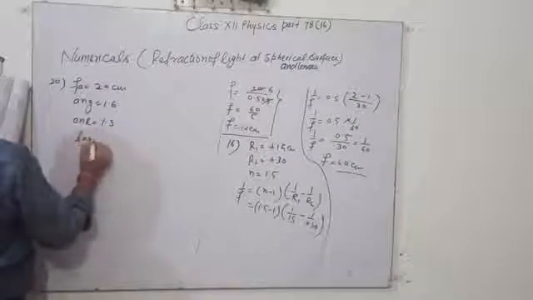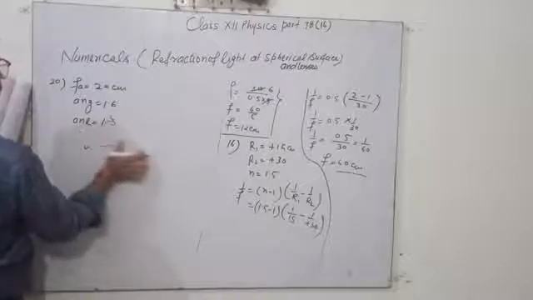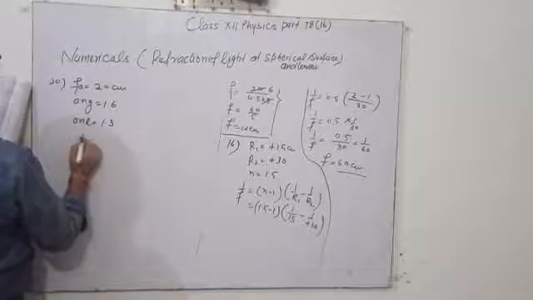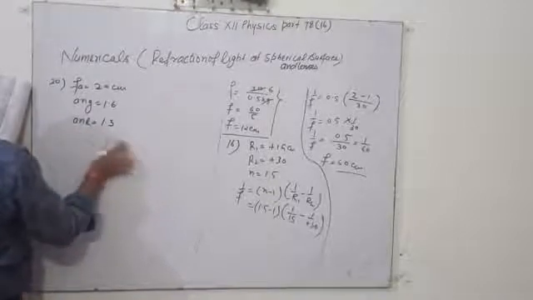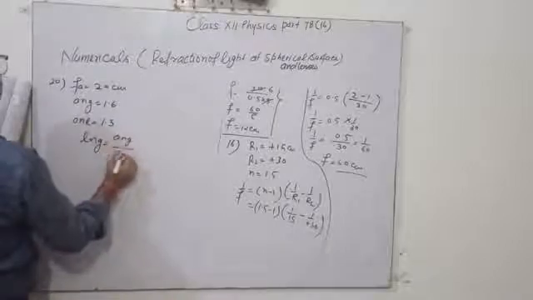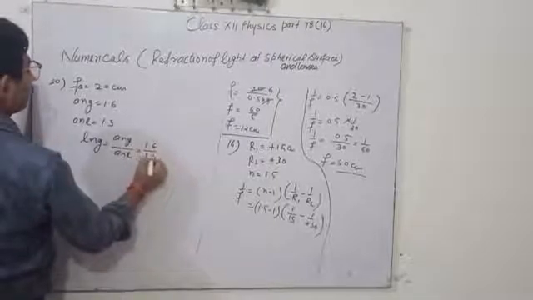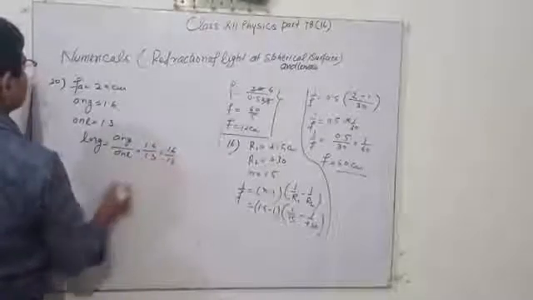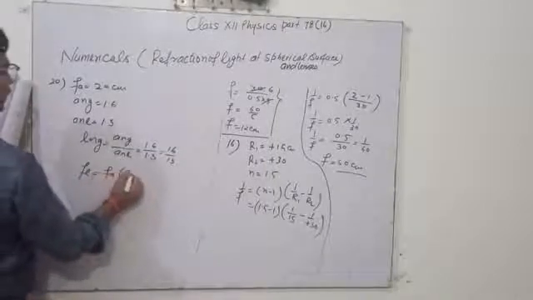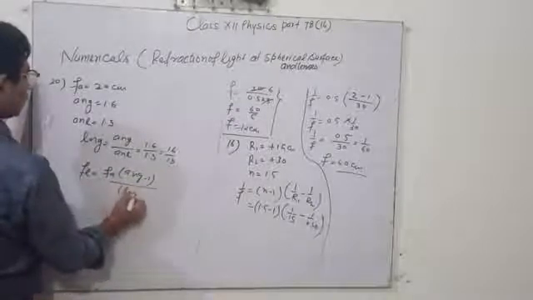LNG equals ANG by ANL, that is 1.6 upon 1.3, or 16 by 13. Now FL equals FA times (ANG minus 1) upon (LNG minus 1).